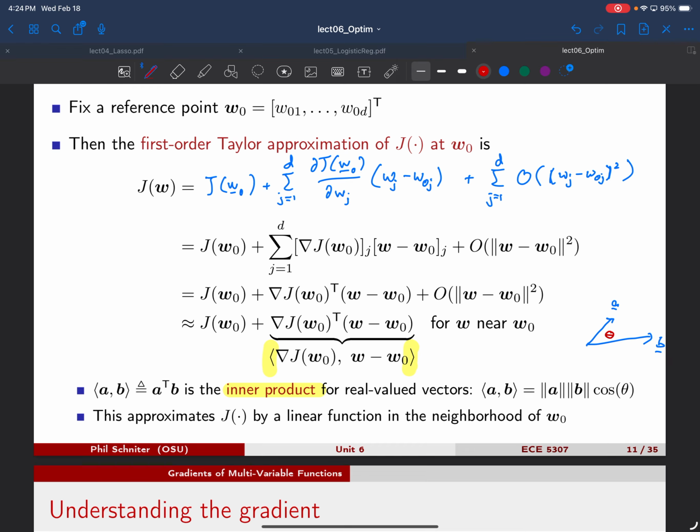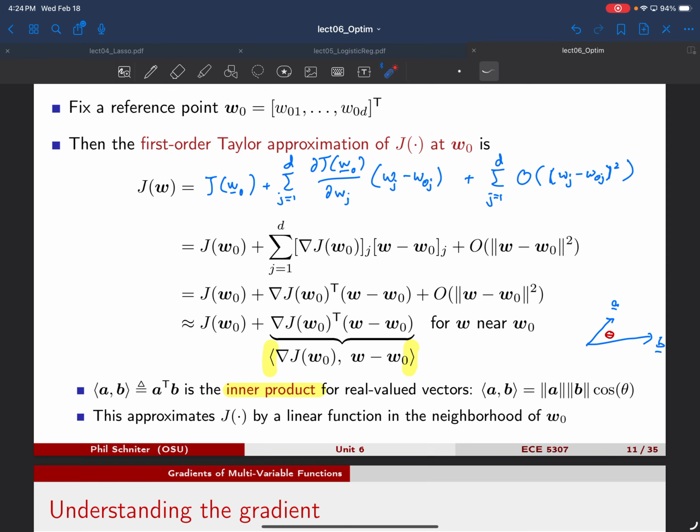So no matter what space you're in with two vectors, you can talk about the angle between them. Okay, so at the end of the day, we see that J at an arbitrary point W is approximately equal to J at the reference plus the inner product between the gradient and the deviation from the reference.